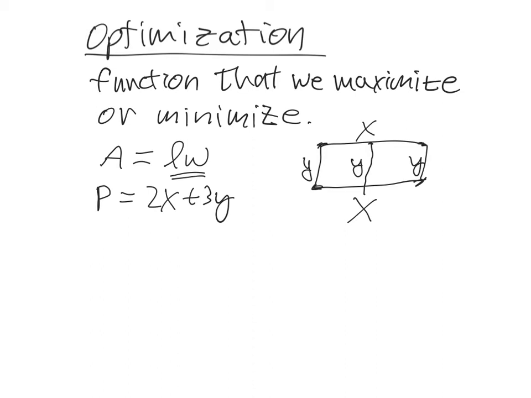And then we could solve for one of them. Since we're doing x and y as length and width, we make the area x times y. Solve for either x or y here, and then substitute it back into the area formula. And we would then have a function of just one variable.